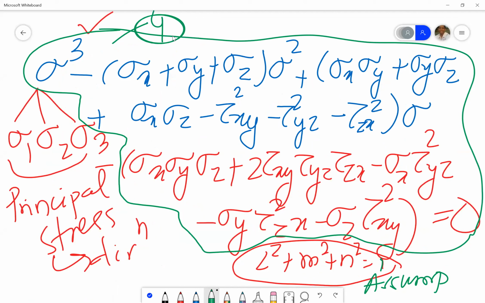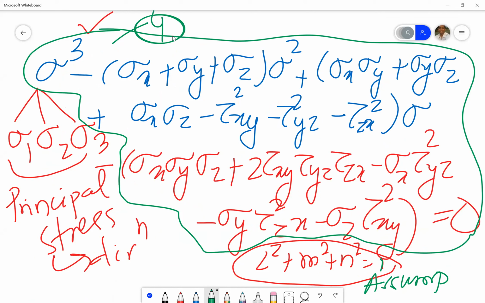In equation number 4, we have three combinations of different stresses and the coefficients of the cubic equation. Since the values of these coefficients determine the principal stresses, they obviously do not vary with changes in coordinate axes.